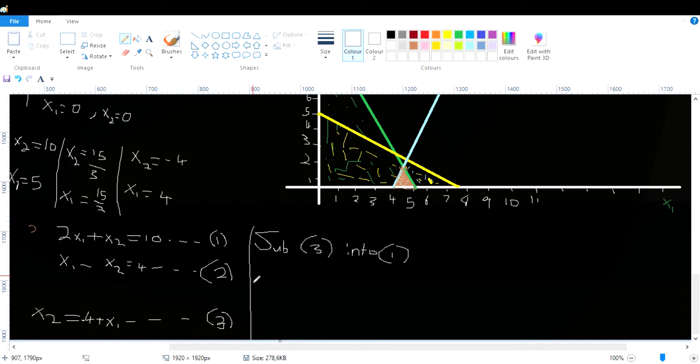So here we have 2x sub 1 plus, substituting the value of x sub 2, minus 4 plus x sub 1, which is equal to 10.